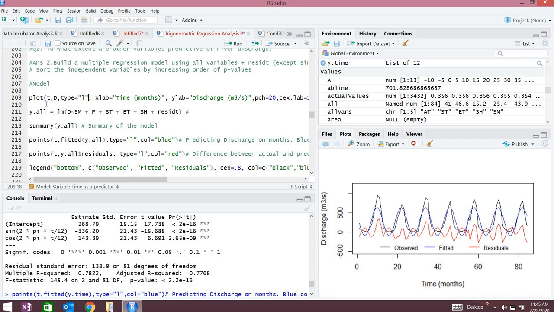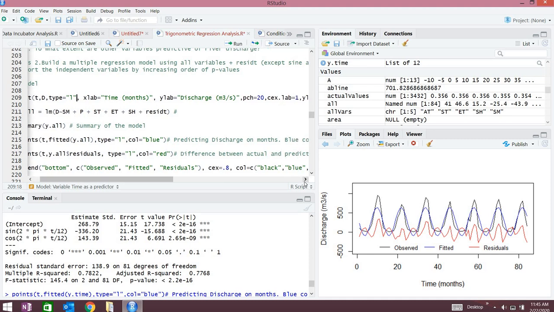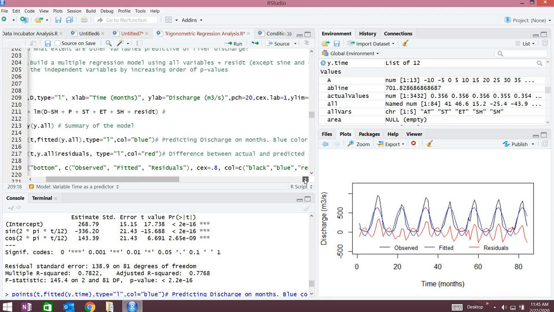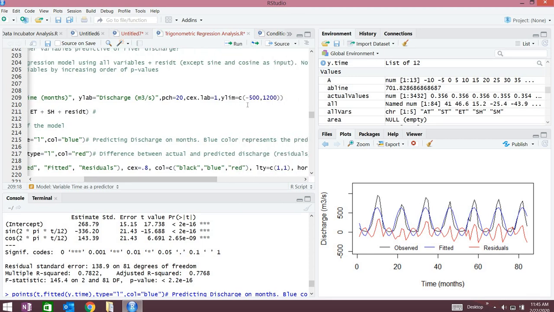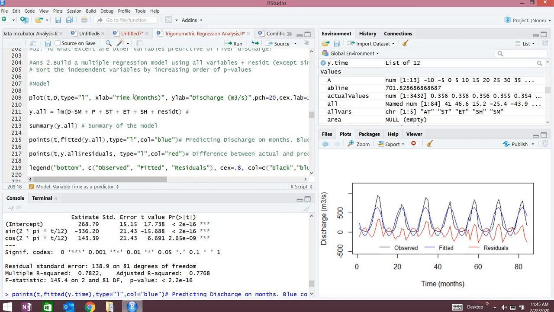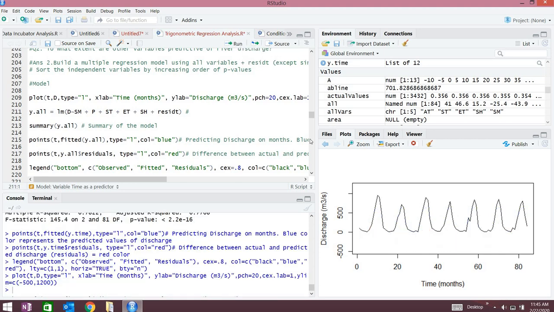and we first plot time and discharge again, and we keep everything the same. We can change probably the y limits here, because the values of the predicted this time may not be the same, but I kept everything. Y lab is discharge, X lab is time, so the same thing.